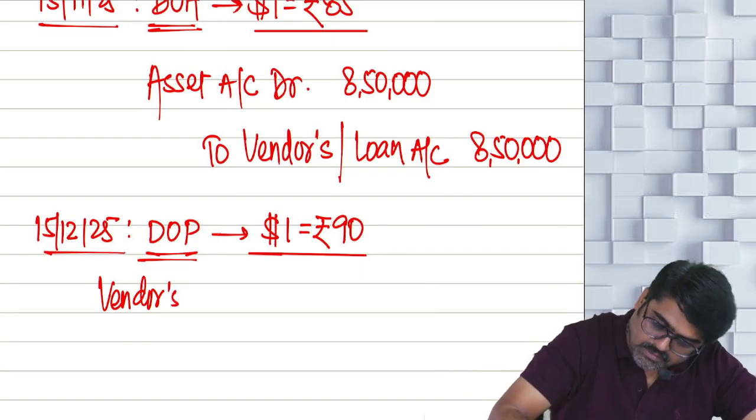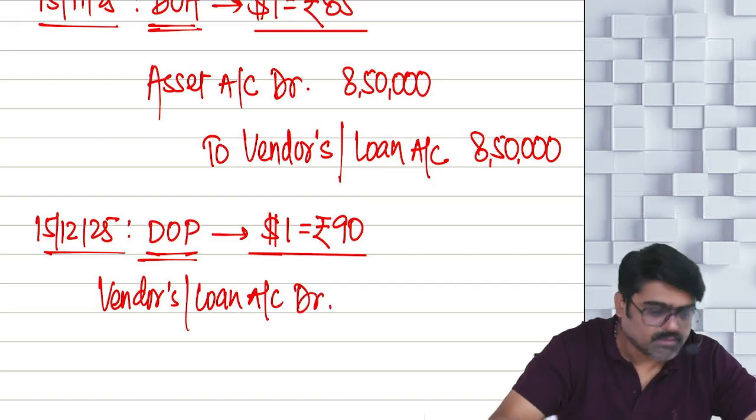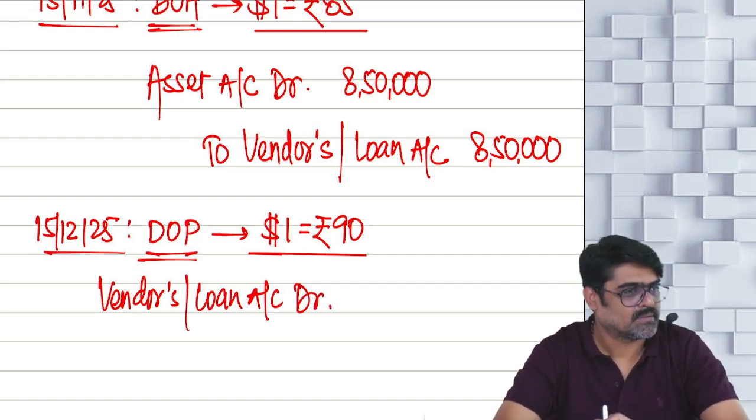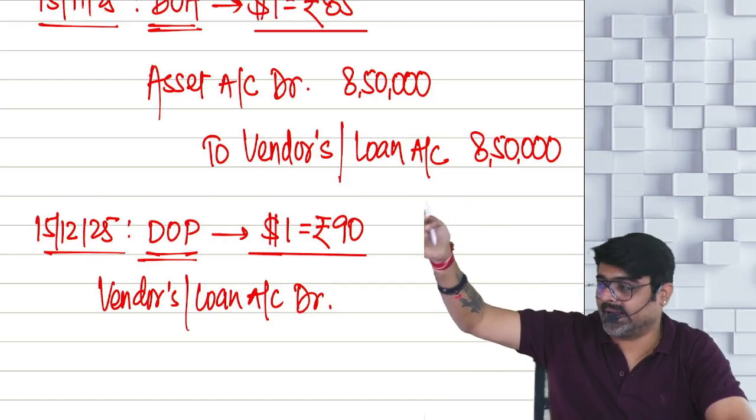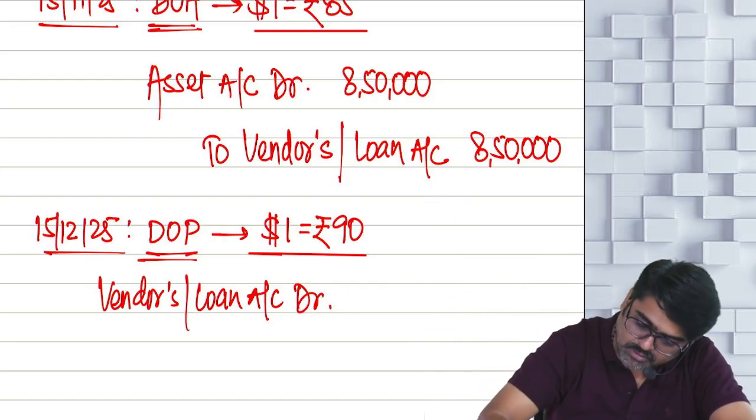Vendor's or loan account debit. How much? 9 lakh? No, you have shown your liability at 8 lakh 50. So you will have to settle your 8 lakh 50,000 liability, no? So it will be debited by 8 lakh 50. So it has got settled.